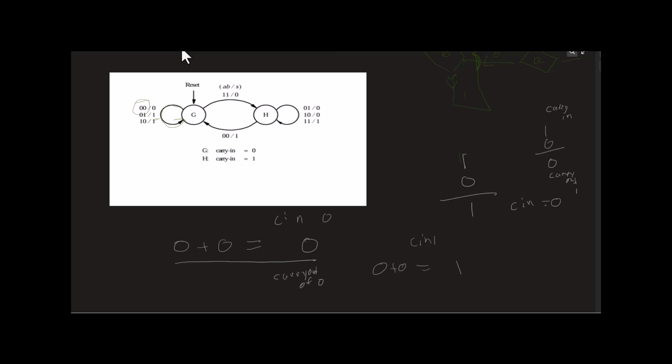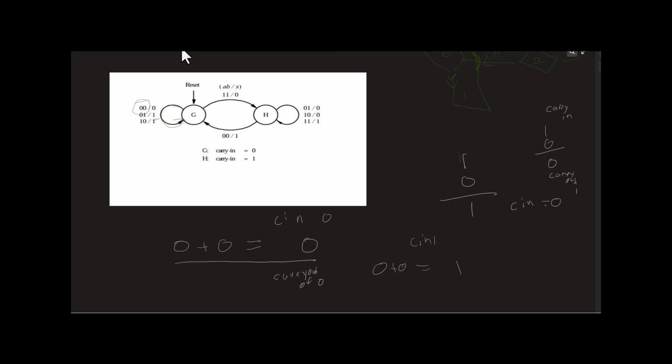Yeah, it's adding A and B together, and you're going to the next state based on whether it has a carry-in of 1 on the H side, right?